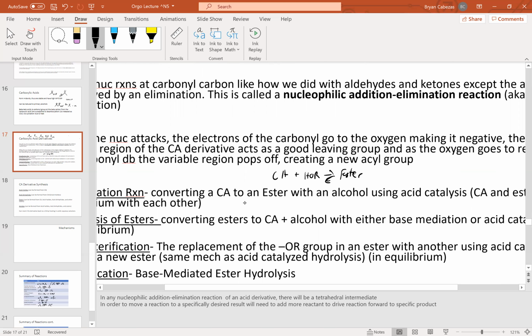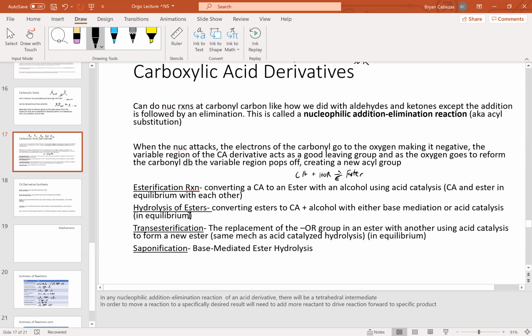What we find is that the reactants and the products are in equilibrium with each other with esterification, with hydrolysis of esters. And for the hydrolysis of esters, what we have is an ester forming a carboxylic acid and an alcohol group.